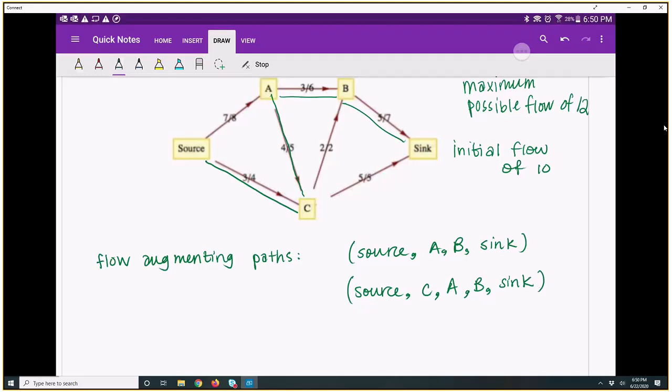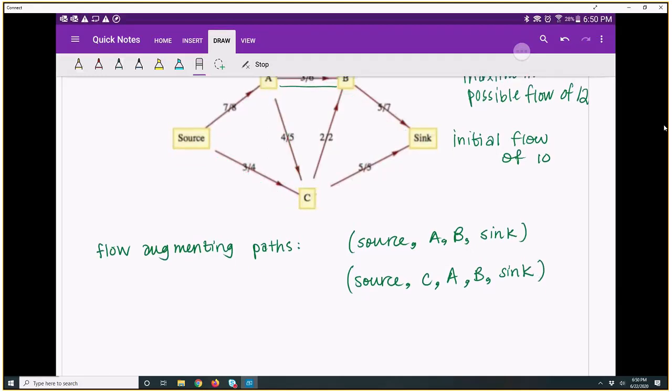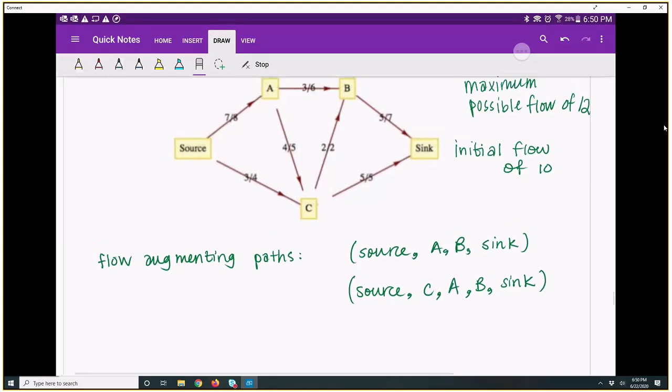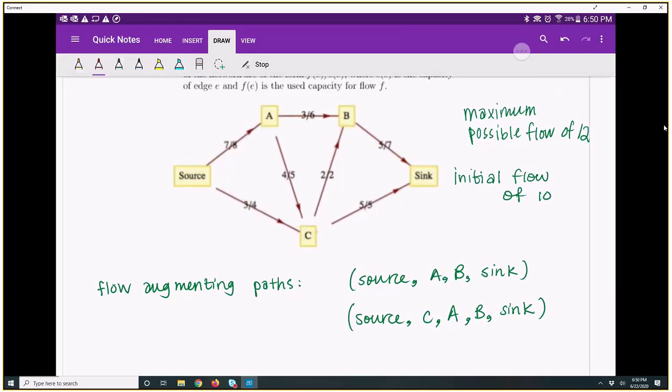So the rule said that when I want to find the flow augmenting paths, I'm going to find the minimum of the weight minus the flow, or just the flow if it's being used backwards.